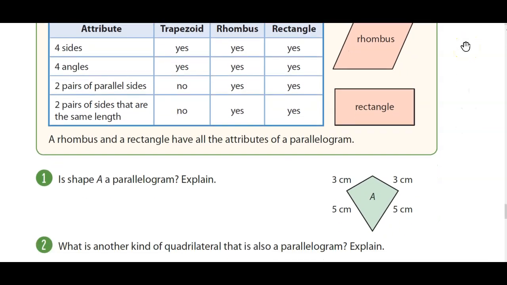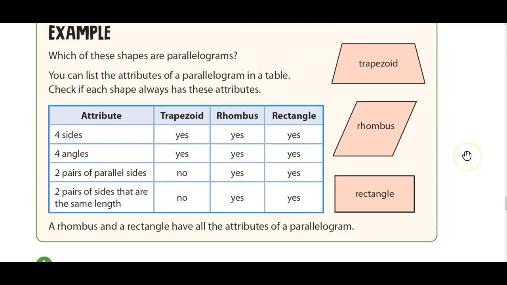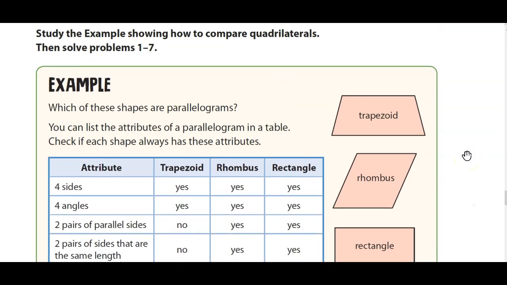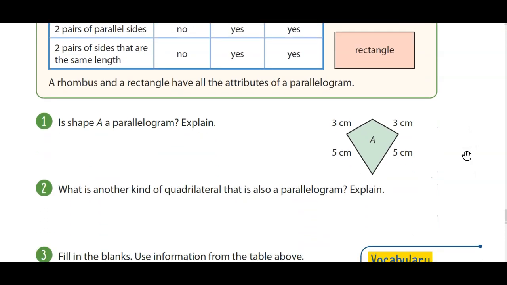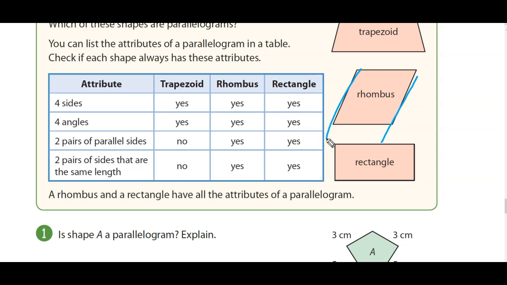Is shape A a parallelogram? No, it isn't. A parallelogram has to have at least one pair of lines that are parallel to each other.